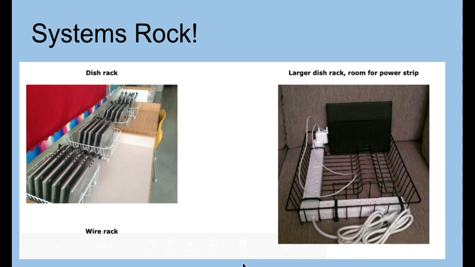Here on the right, a different kind of dish rack, and they put charging sticks right there in the device. So when it's full, there are going to be a lot of these cords, and it's going to get messy. So just keep trying to figure something out.